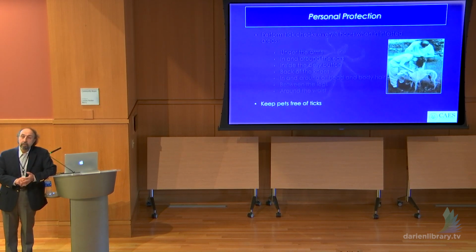We have a group of 8 scientists and up to 20 technical staff who work on tick and mosquito-borne diseases. We have a group that works on environmental health, anything that relates to soil and water. Then we also have a group that works on plant health, plant diseases, and insects.